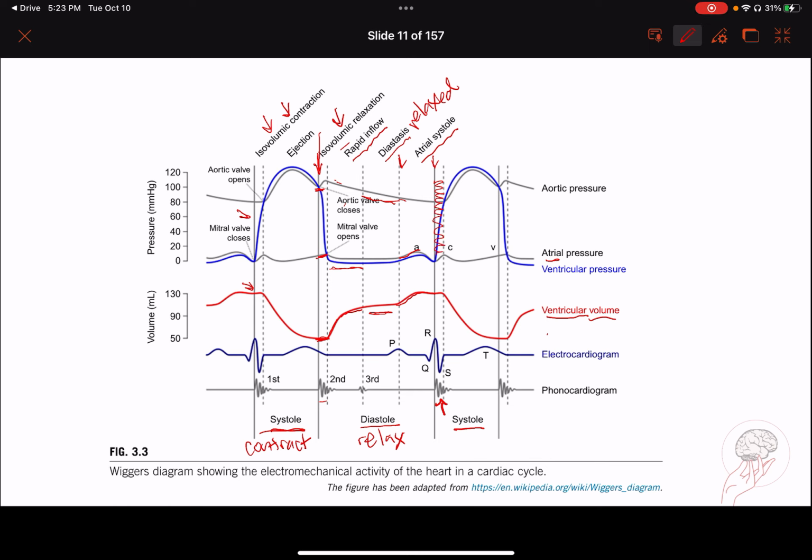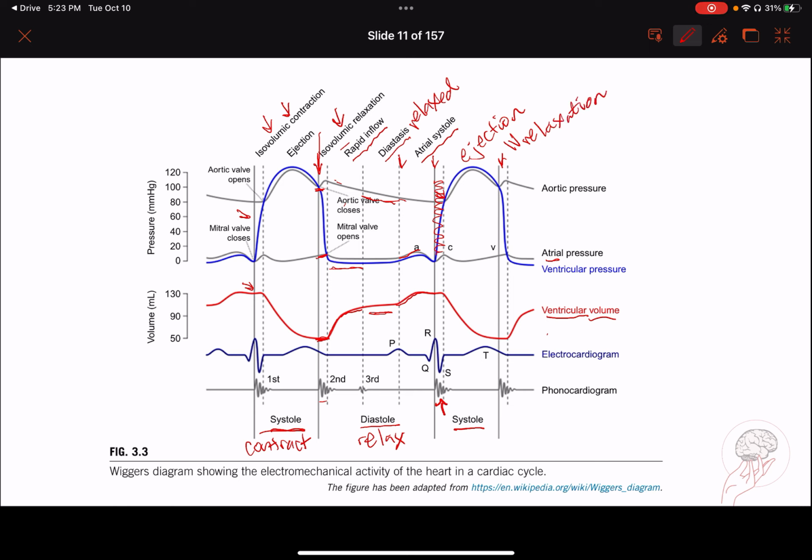And we see that because the volume is the same, but the pressure is increasing. And then we have the aortic valve opening. The pressure continues to increase, but the volume decreases because this is ejection. And then we're back to isovolumetric relaxation. I'm going to call it IV relaxation.